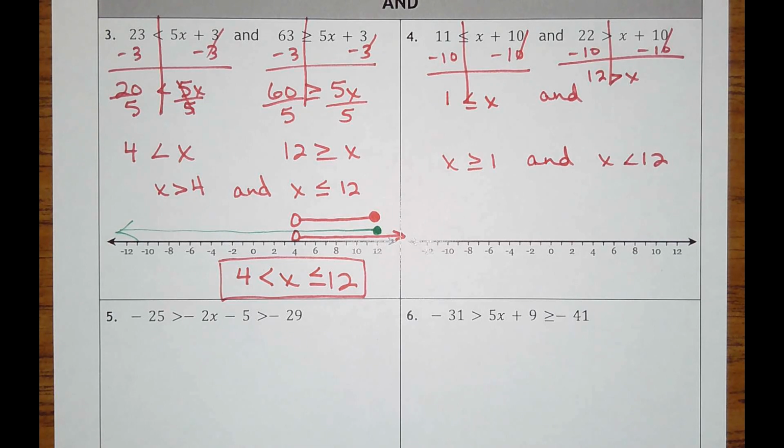Look at me when you're done, so I know you're done, or you can check your answer with mine, see if you got the same thing. I haven't graphed. I haven't written the final answer, though, yet.